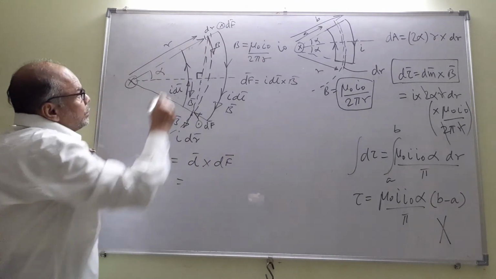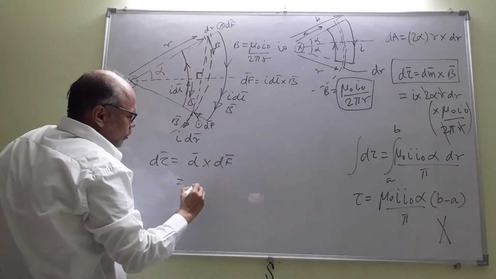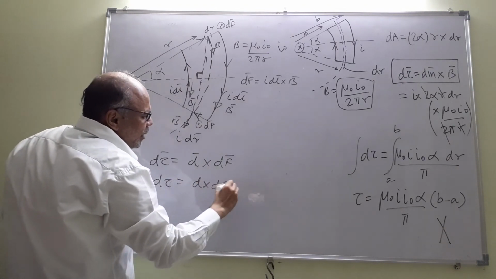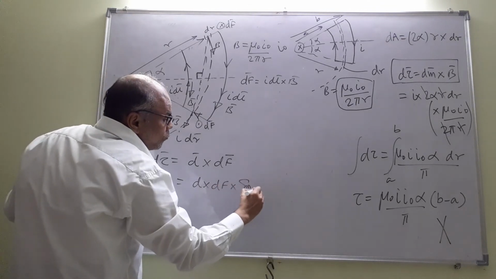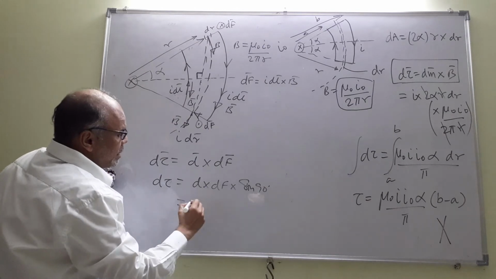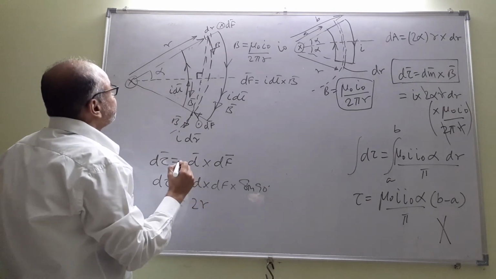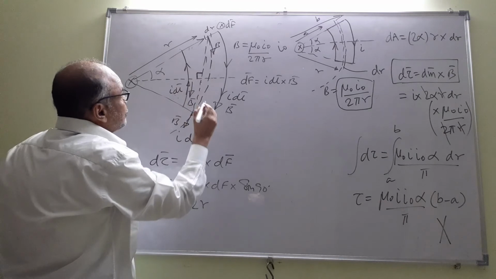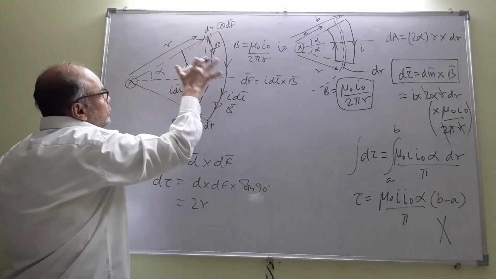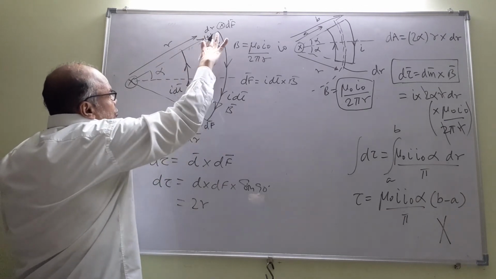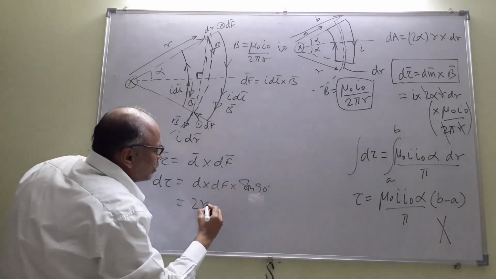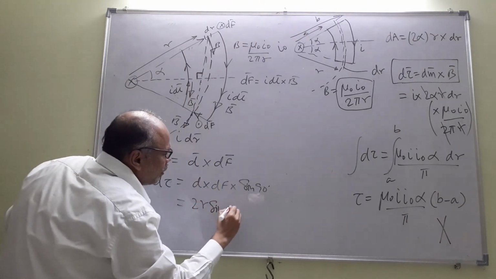So d and dF are perpendicular, so the magnitude would be d into dF into sine 90. In this right angle triangle, the opposite side is r sine alpha. So total perpendicular distance d would be 2r sine alpha.